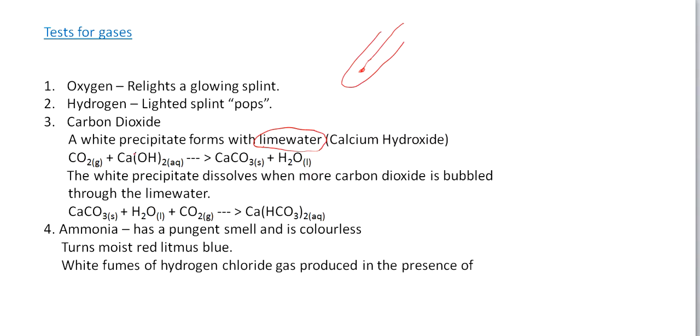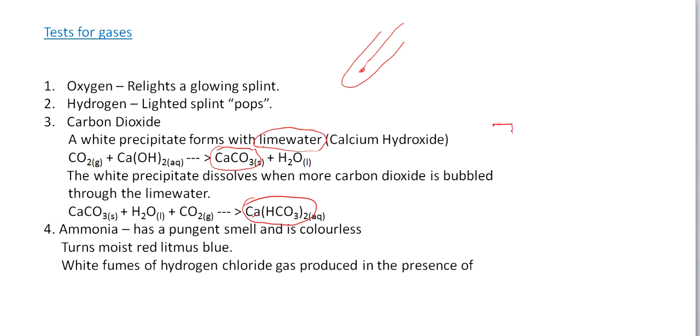So carbon dioxide plus calcium hydroxide produces calcium carbonate plus water. The white precipitate is really calcium carbonate, right? Now if we continue to bubble carbon dioxide through the solution, the white precipitate dissolves, right? And what we are getting is calcium hydrogen carbonate, right?